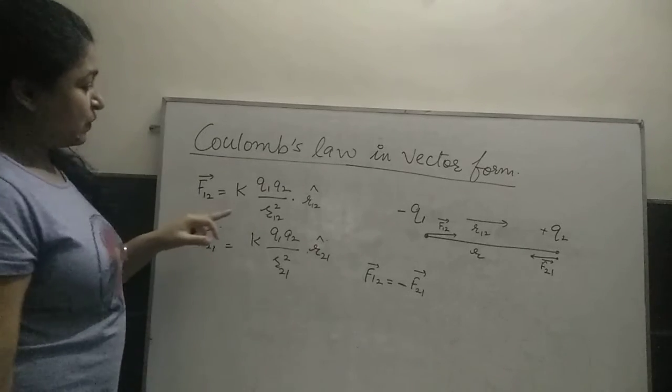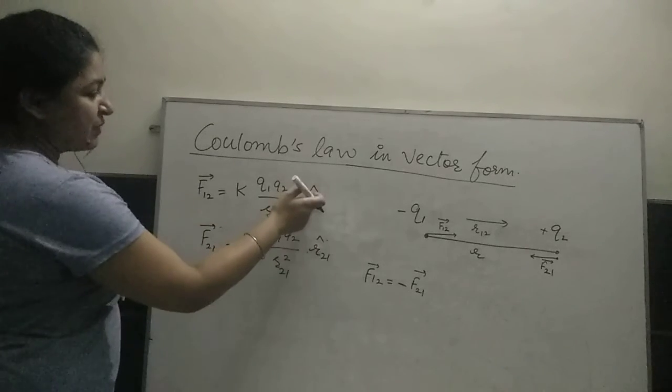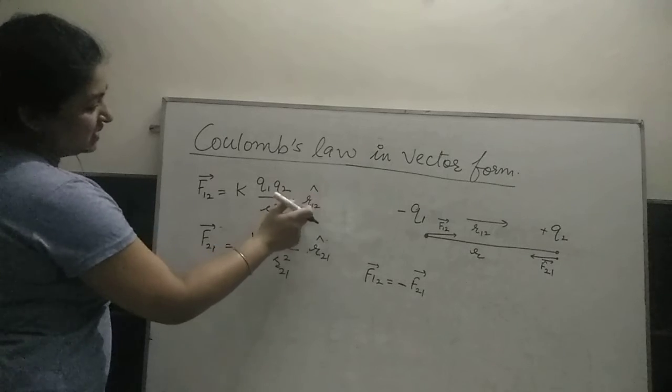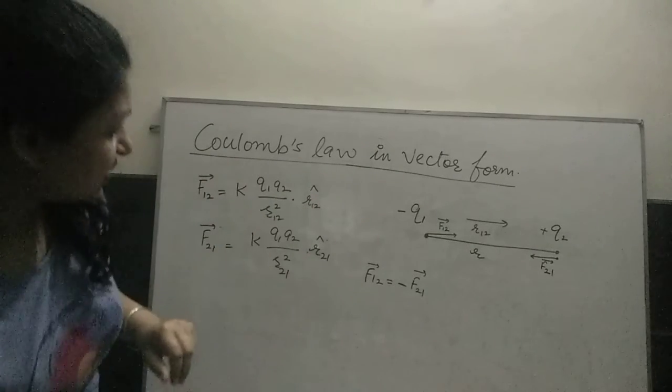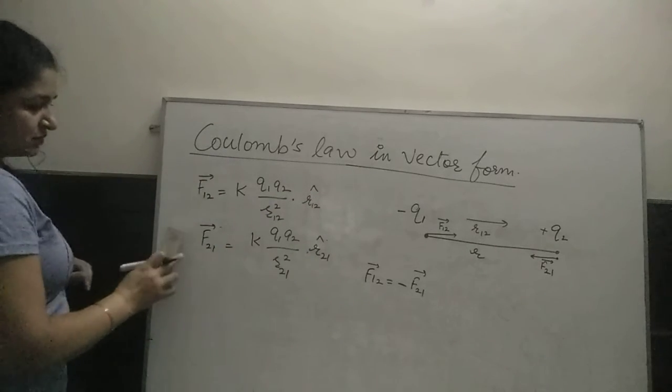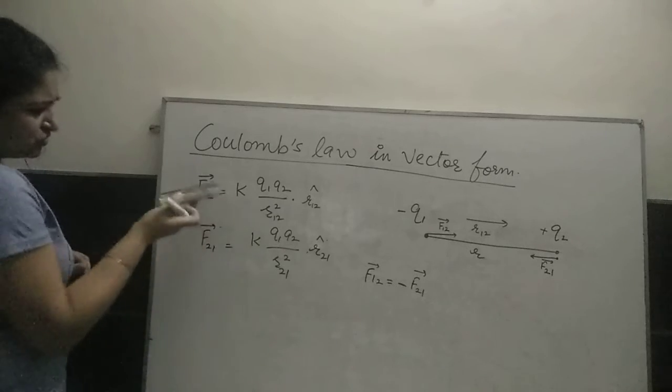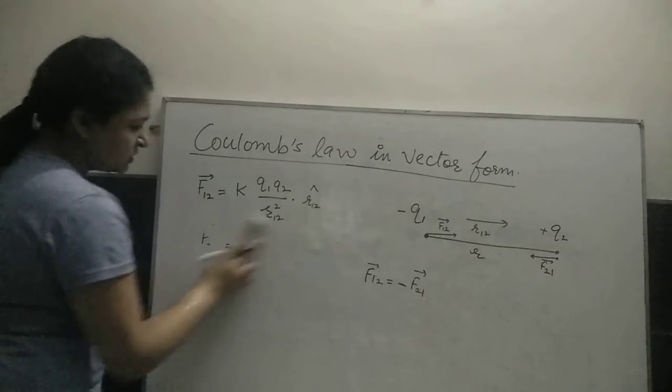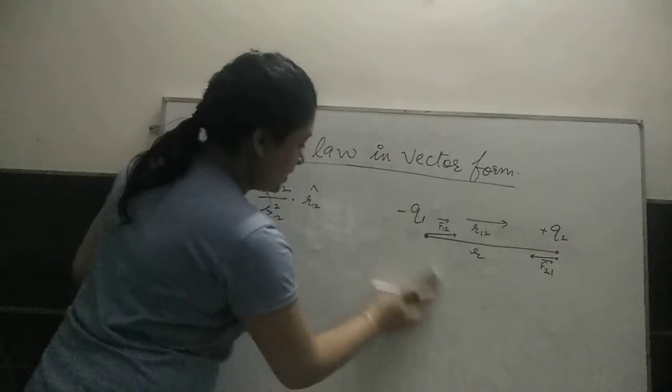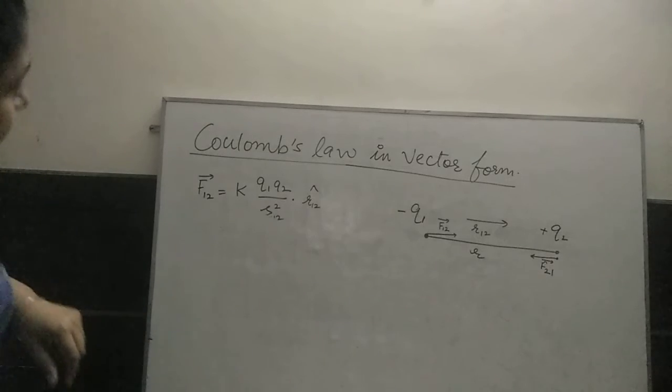And now in vector form, this is cap only. If you want to write in the vector form, how can we change the expression? So let us consider, I'm going to use one of the expressions here.